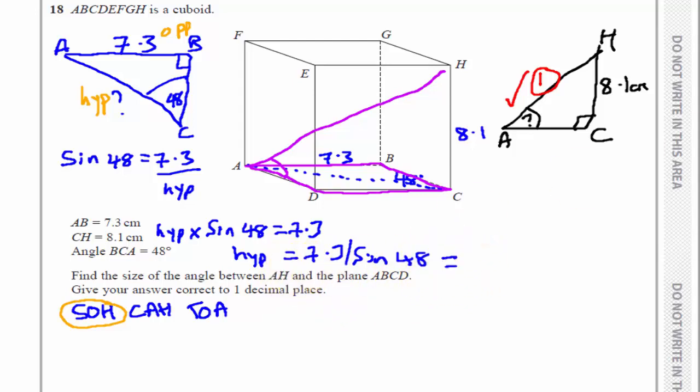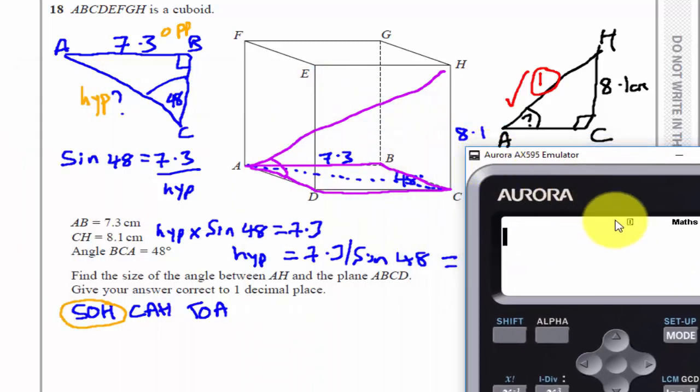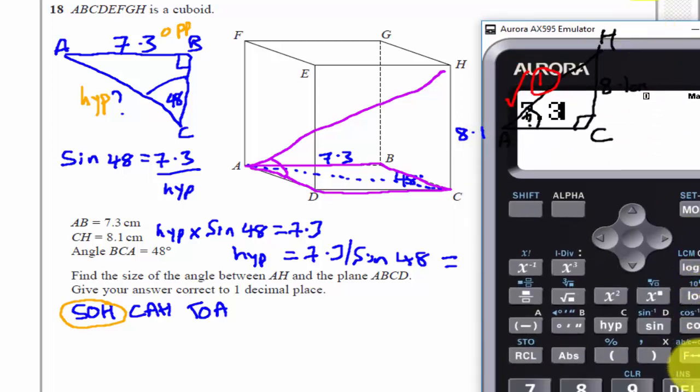Pick up your calculator. 7.3 divided by sine 48. Make sure you're in degrees. I've got a little d there. So 7.3 divided by sine 48.